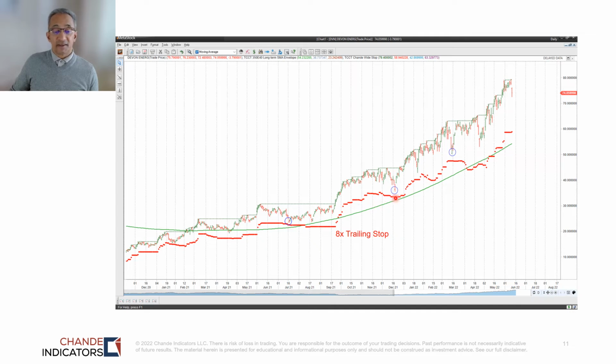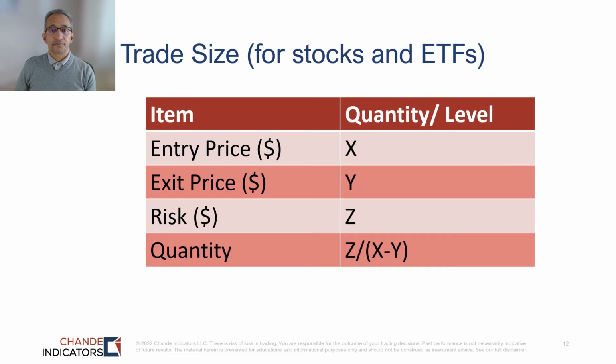We would not have exited there. Neither would we have exited there. So we could have bought it here and just absorbed the volatility and followed it all the way to here. So where you set your stop, i.e. your exit, is important. But since you don't know what the market is going to do, you have to make some assumption. The default value is 6, but you can use any value you wish.